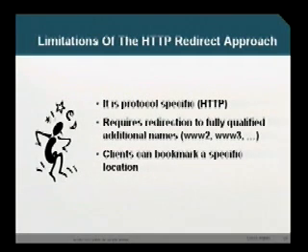It requires HTTP, so it's HTTP specific. As I said, if it is SSL, we can decrypt it and still do this for HTTP. Clients can bookmark a specific location, which may be bad, may be desired, right?